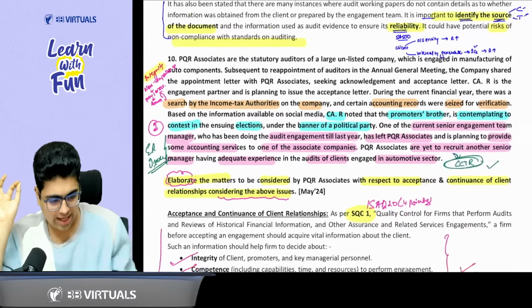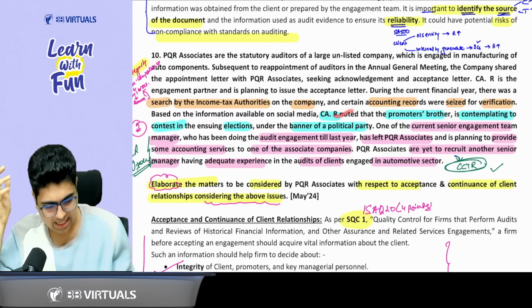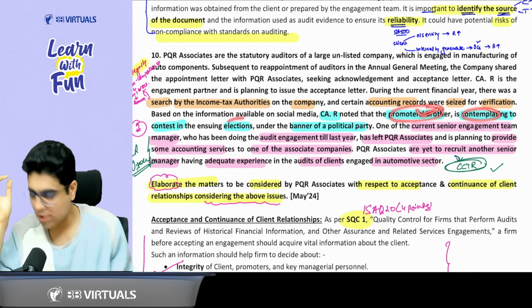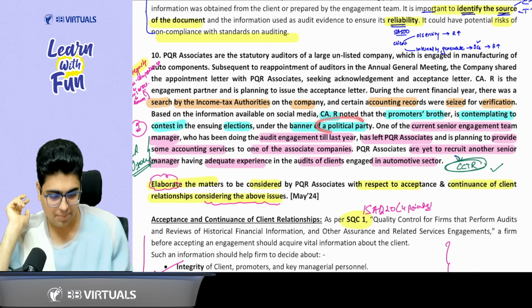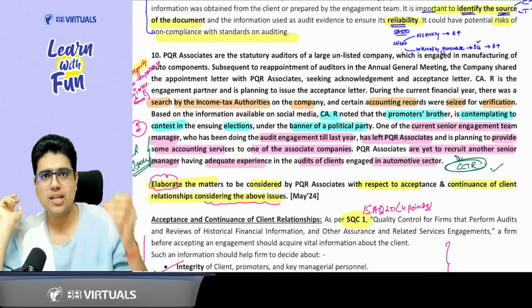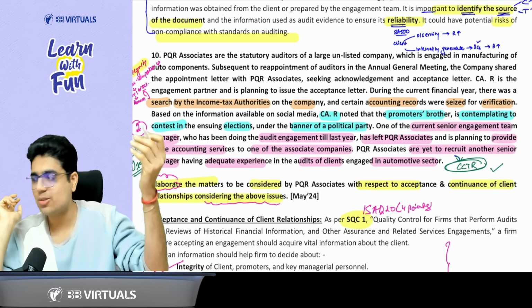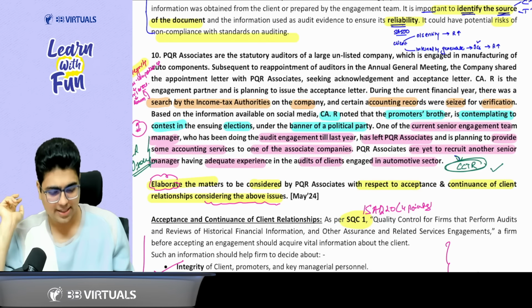Yes, sir. And at the same time, accounting records were seized for verification. Second point, CAR noted that the promoter's brother is also contemplating to contest in elections under a banner of political party. Again, this politics, elections, there is a risk. This is a significant matter associated with the company we should consider before accepting.